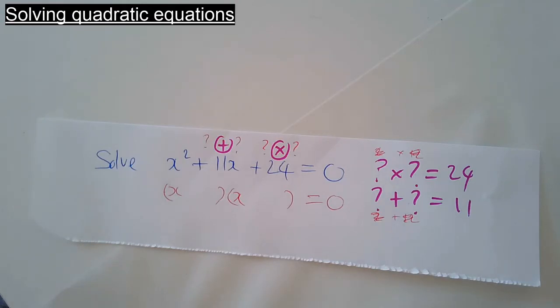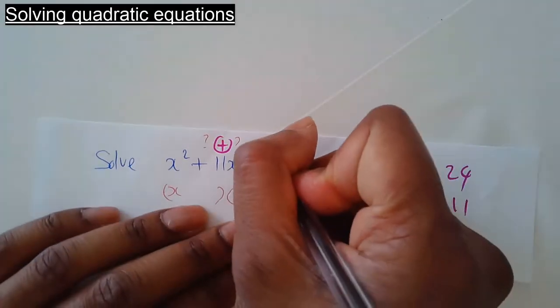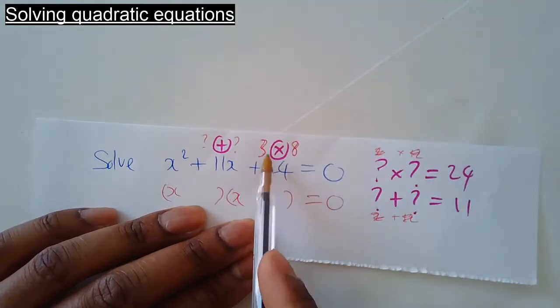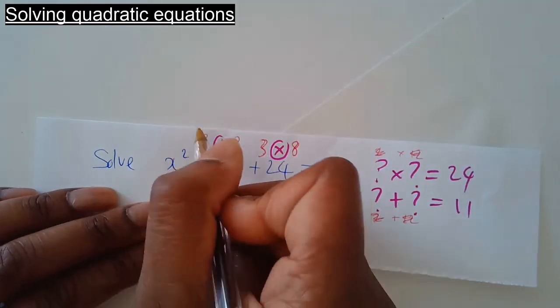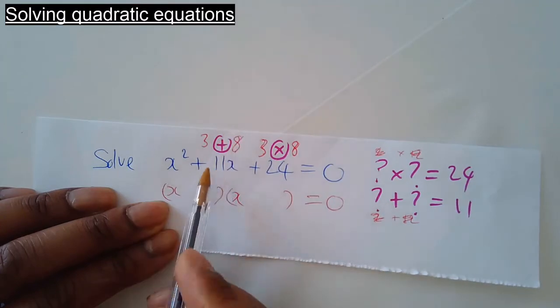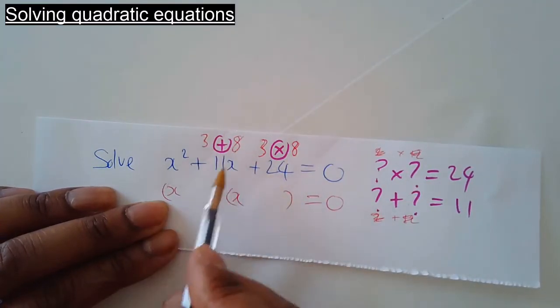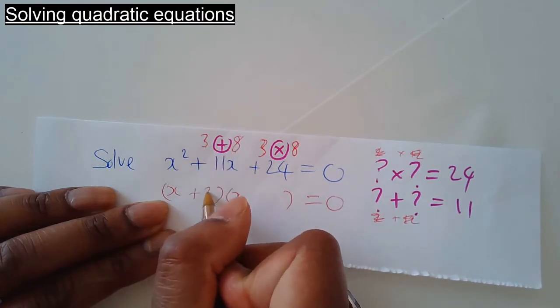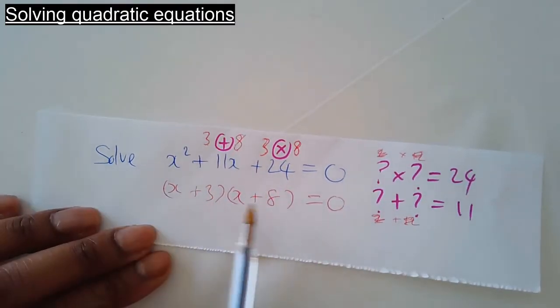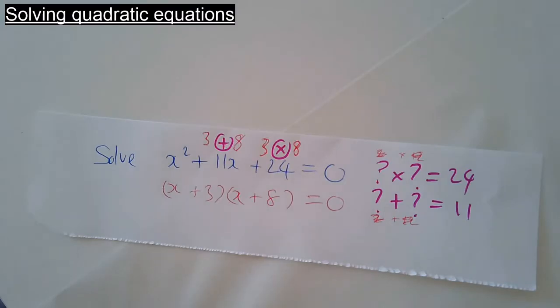You will say, well, it's going to be 3 and 8. 3 times 8 is 24. Check. Does 3 add 8 give you 11? Okay, so it satisfies both conditions. So you can put the 3 and 8 over here and here. You can put the 8 and 3 the other way around, but it doesn't matter.